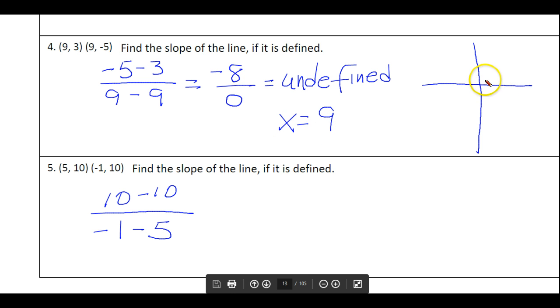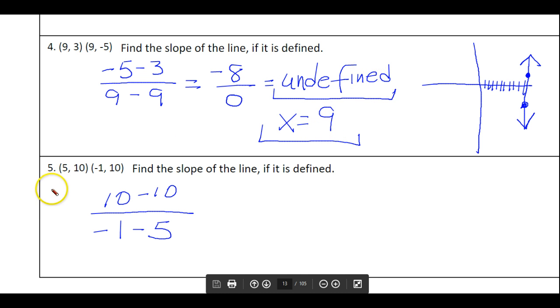So it would be a vertical line like so. If I plotted these 2 points, one would be (9, 3), about there, and this would be (9, -5), about there. And if you saw a vertical line graph like this, that's in the form of x equals 9, then the slope of that, since there doesn't show any m there, is undefined.